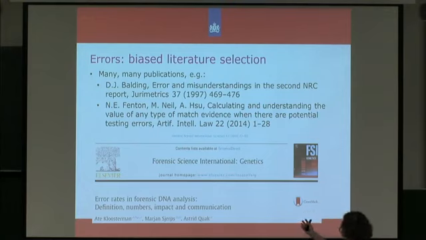Also, my colleagues and I produced a paper where we actually looked at error rates. What is an error? How is it defined? How many errors do we make? So we looked at 4 years and we specified for all types of mistakes how often the NFI makes the mistake, what the impact is, and what the communication of these mistakes is.